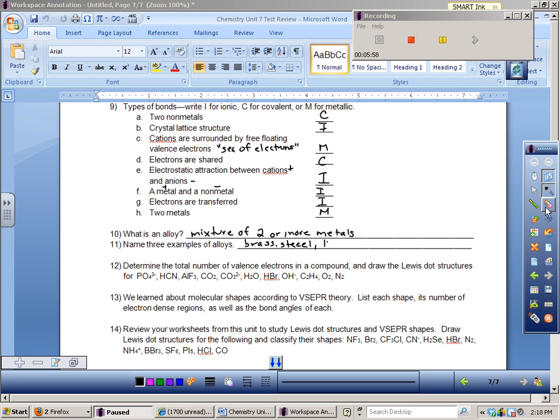So let's go back. 14-karat gold, cast iron, stainless steel, okay?